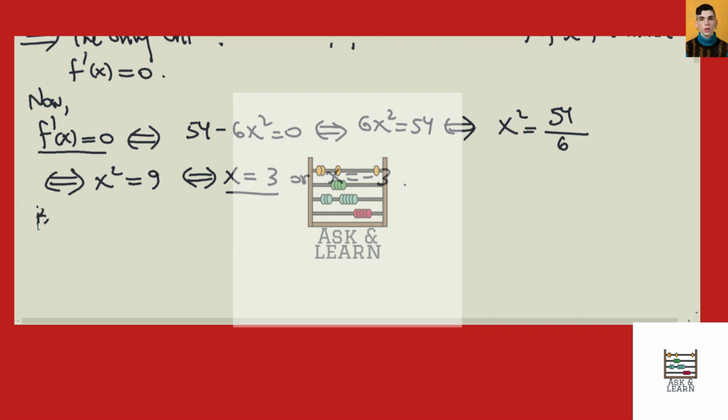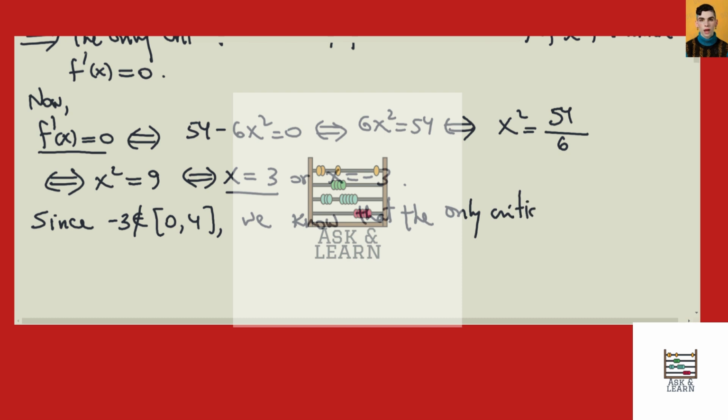So we say that since negative 3 is not in the interval 0, 4, we know that the only critical number of f in the interval 0, 4 is 3.